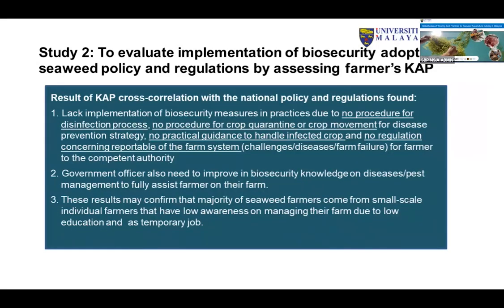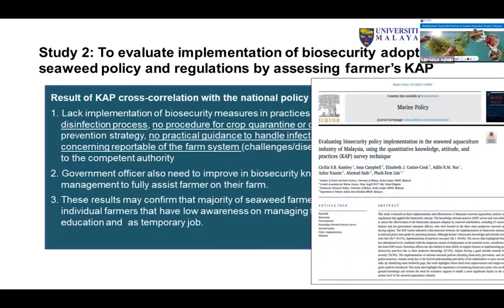Government officers also need to improve their biosecurity knowledge on disease and pest management to fully assist farmers on their farms. This result may confirm that the majority of seaweed farmers are small-scale individual farmers who have low awareness of managing their farm due to low education and because it is a temporary job. The result of the KAP study was published in Marine Policy Journal in 2021.